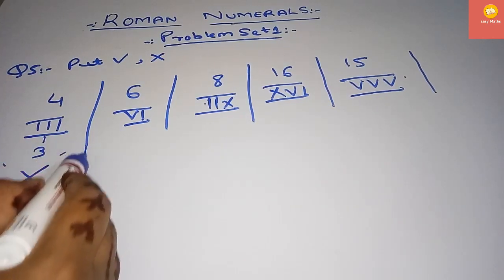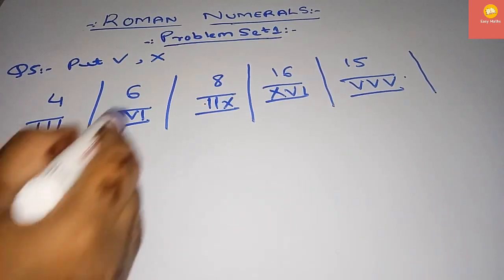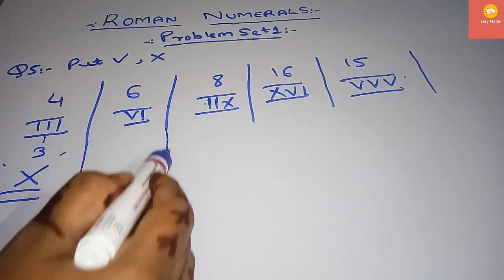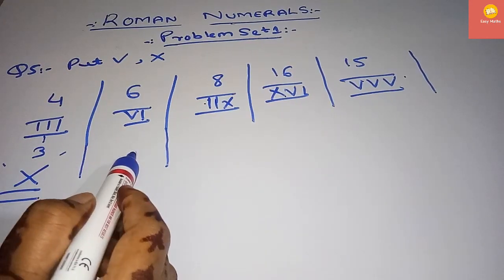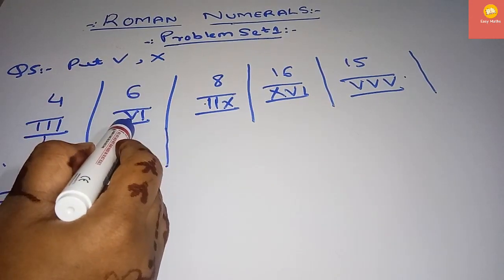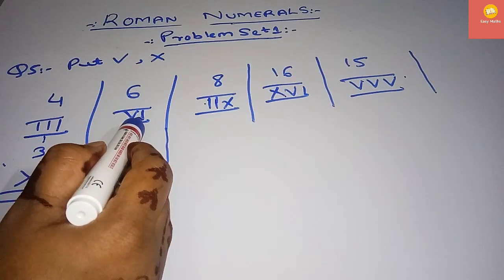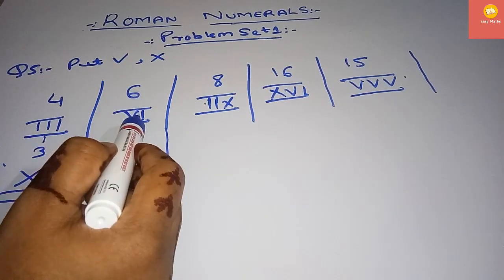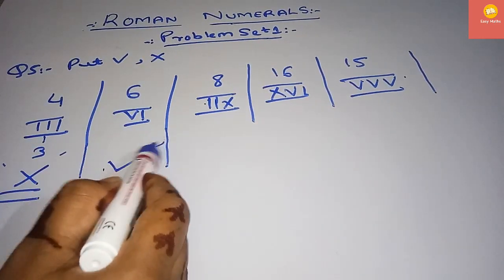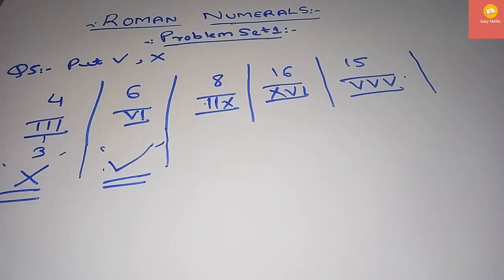Okay. Now let's move to question number 5, second column. They have provided 6. Capital V is 5 and I is on the right hand side. 5 plus 1 is 6. This is correct. Okay.